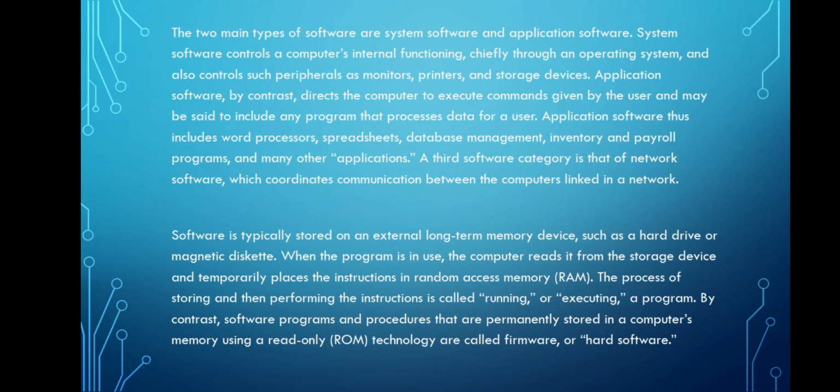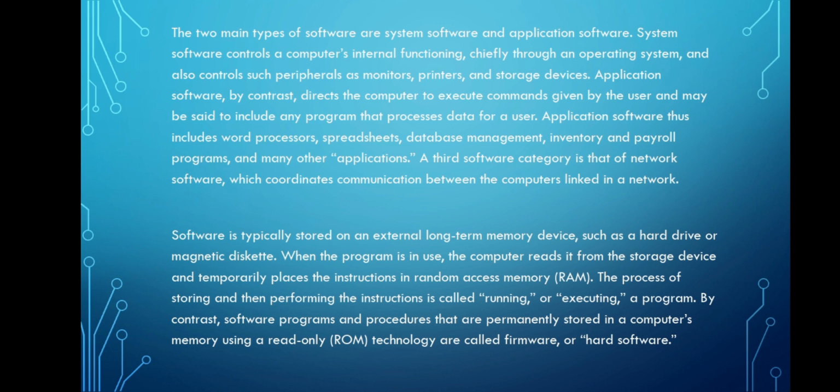The two main types of software are system software and application software. System software controls a computer's internal functioning, chiefly through an operating system, and also controls peripherals such as monitors, printers, and storage devices. Application software, by contrast, directs the computer to execute commands given by the user and may be said to include any programs that process data for a user.